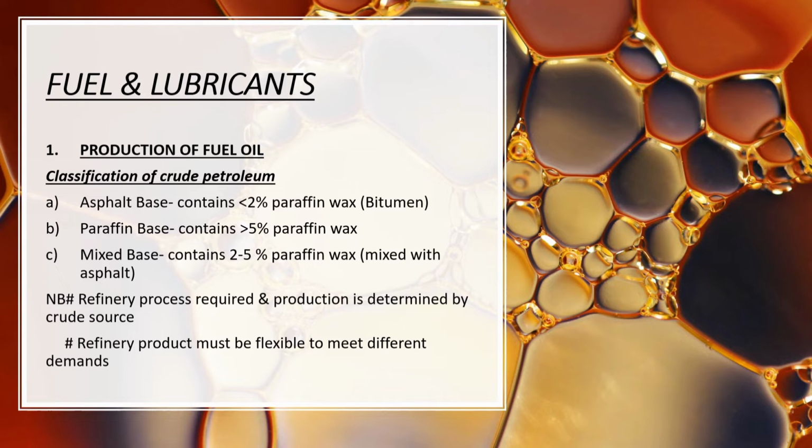Remember, the crude oil from one part cannot be the same as the one mined in another part, as the environment might be different, meaning that it will have different makeups and contaminants. So the refining process required is determined by the type of the crude oil, if not the source of the crude oil that we are working with.